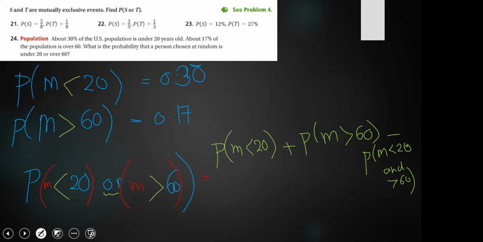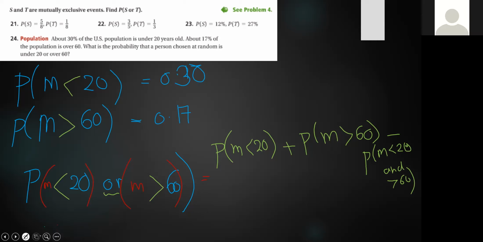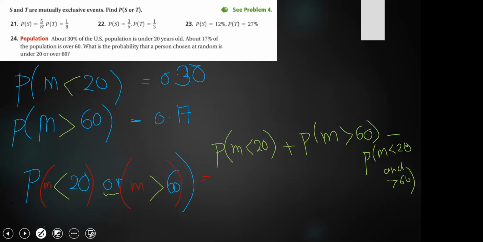As I told you before, if I want to find the probability of A or B, I have to decide if it is mutually exclusive or not.